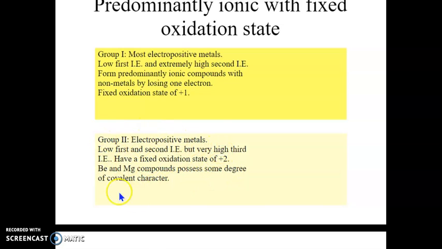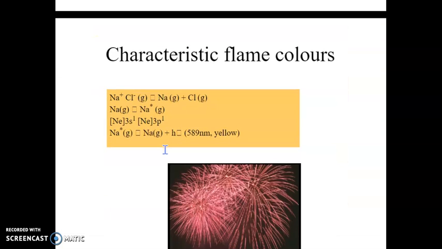The group second elements always show +2 oxidation state because they prefer to lose 2 electrons to attain the octet, that is 8 electrons in the valence shell. That's why group second elements, alkaline earth elements, always prefer to lose 2 electrons to form a dication.